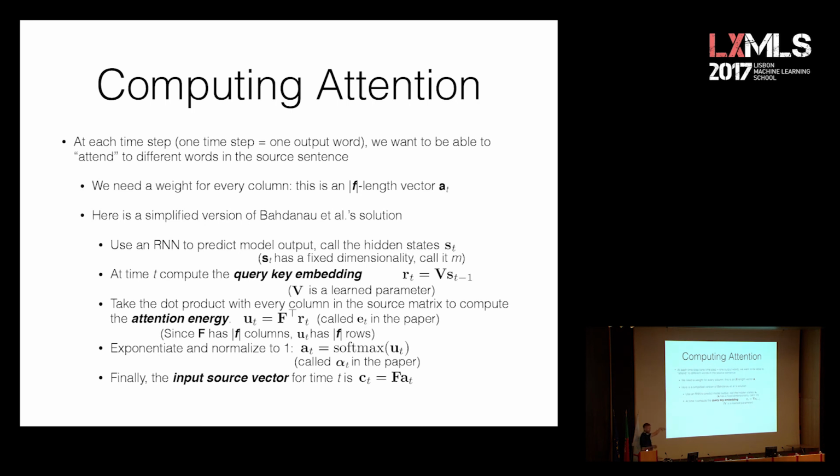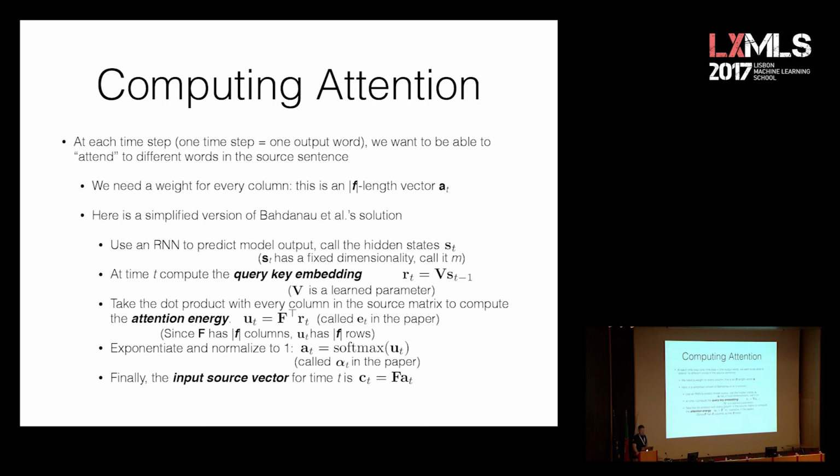So we're going to use the most recent information from the RNN, namely S sub t minus 1, and compute some function. We're going to compute a representation called a query key embedding. Basically, it's just a transformation of the previous hidden state in the output RNN: S sub t minus 1 multiplied by some matrix V, which is a learned parameter.